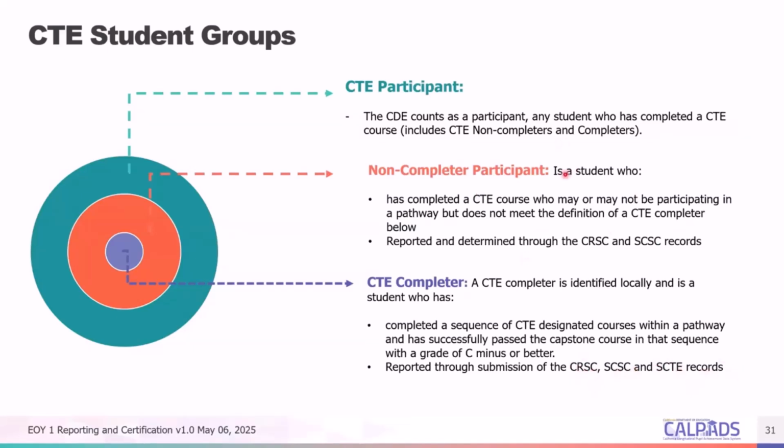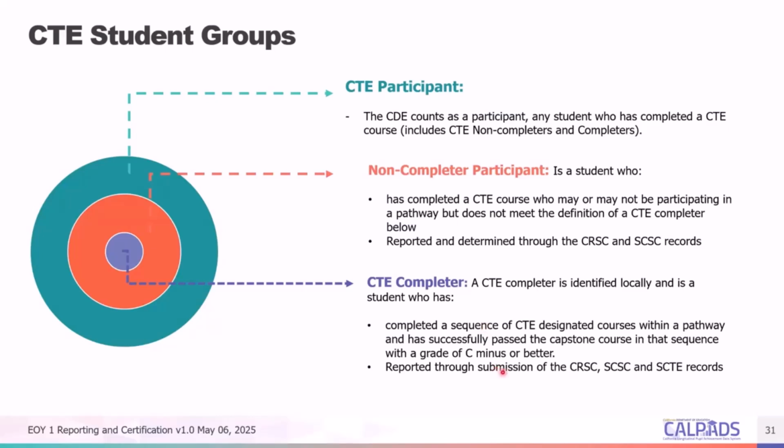So for non-completers, this could be anyone who completed a CTE course in the current reporting period. It might even be the capstone course that they took as an elective. However, if they are not part of a CTE pathway and haven't completed the CTE pathway program, then you don't submit an SCTE record. Within that CTE participant subgroup are your CTE completers, designated by the reporting of the three end-of-year files.